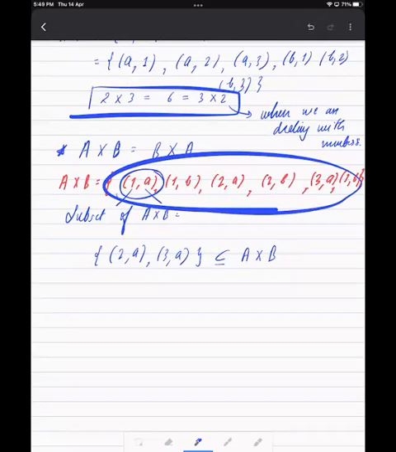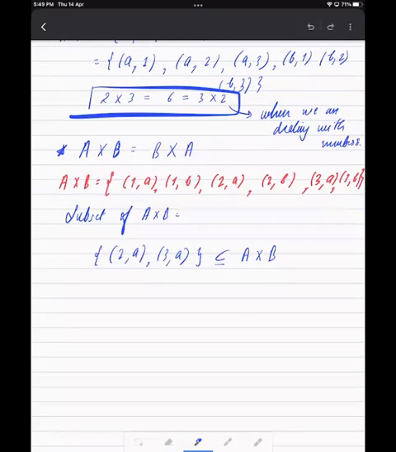This is just 1 element. So total there are 6 elements. The number of subsets of A cross B is 2 to the power 6, right? Okay, so here this would be 64.